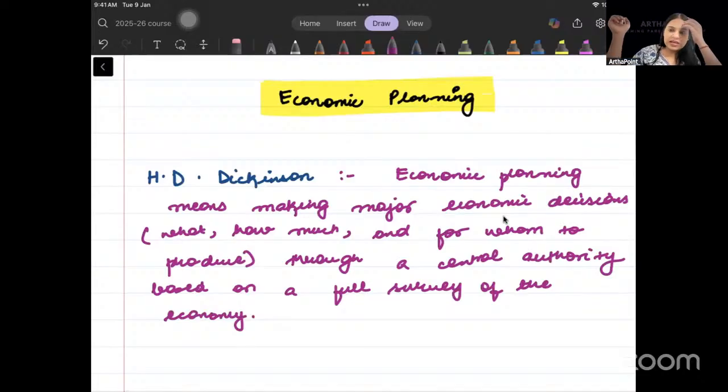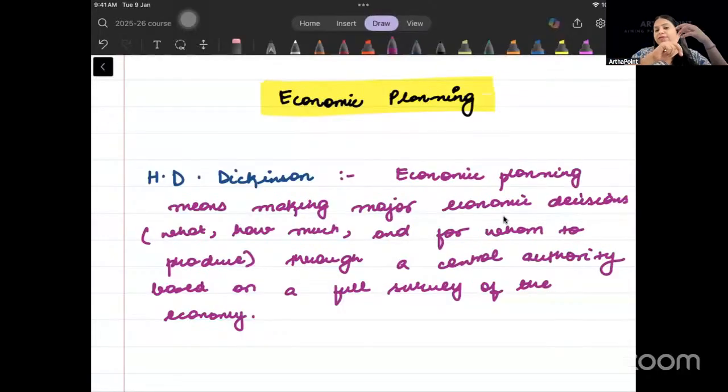तो बेसिकली इकोनॉमिक प्लानिंग क्या है अकॉर्डिंग टू H.D. Dickinson, that is basically understanding how to make the important decisions. So what are the three major questions we have? What to produce, how to produce, for whom to produce, and how much to produce.